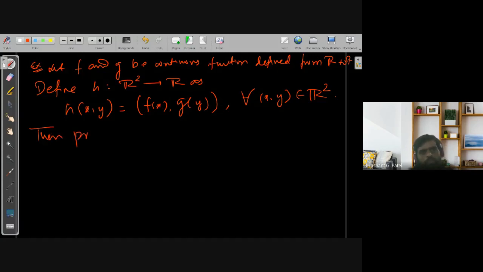Then prove that h is continuous on R square. So here, using the functions from R to R, we have defined one function which is from R square to R square, defined as (f(x), g(y)).